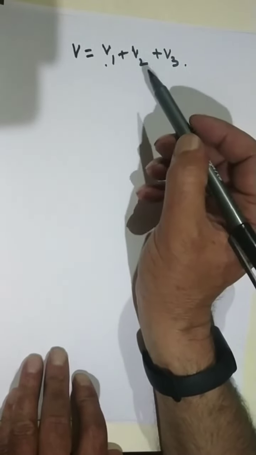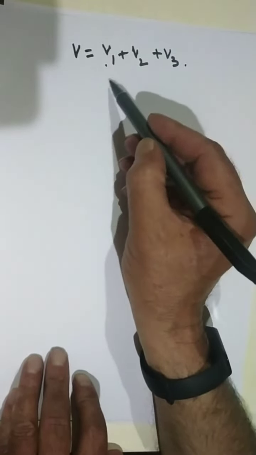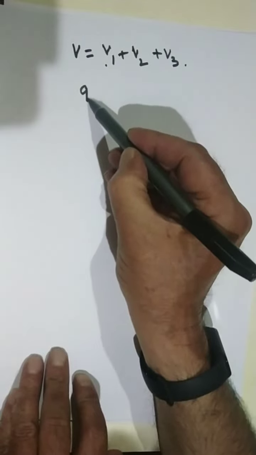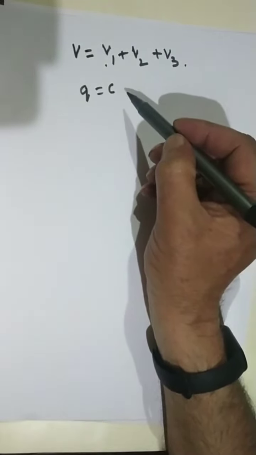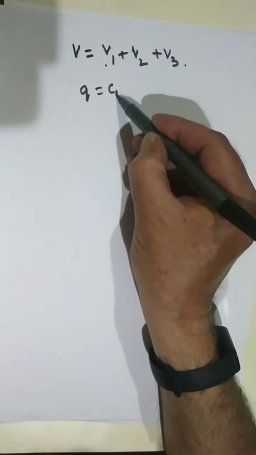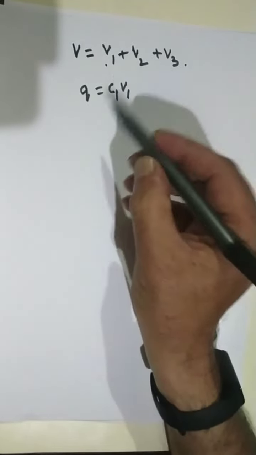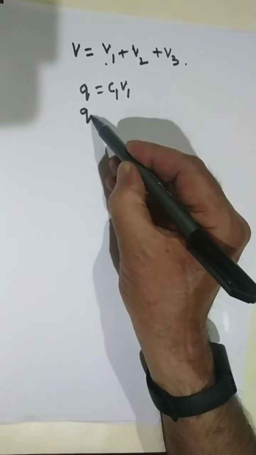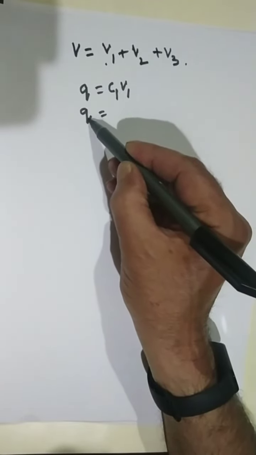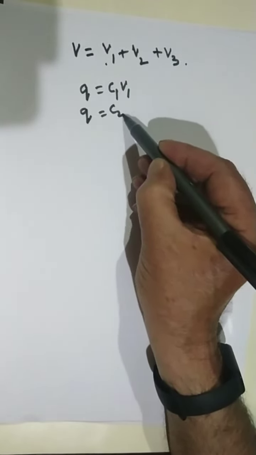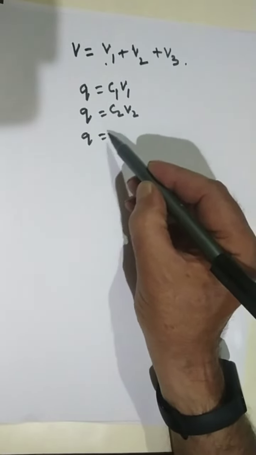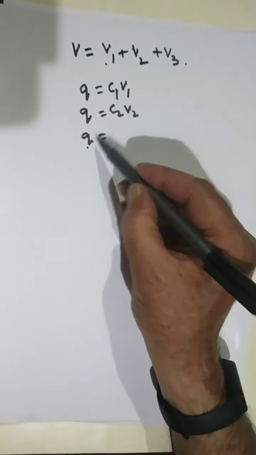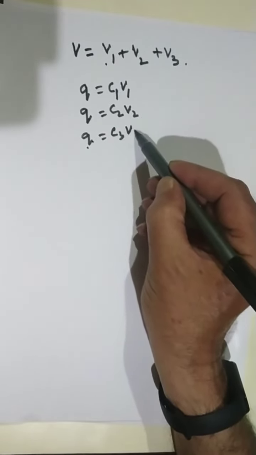Now also we know that the total charge on first capacitor is Q, that will be equal to C1 V1. Similarly, Q is the same charge across capacitor 2, it will be C2 V2. Q is the charge on the third capacitor, that is C3 V3.